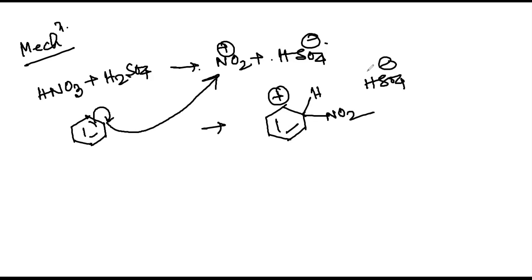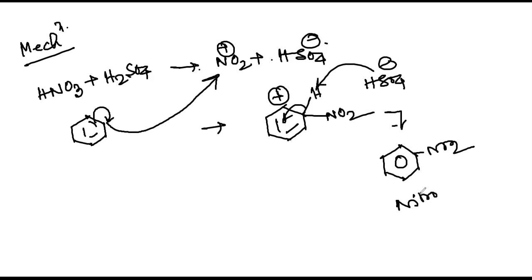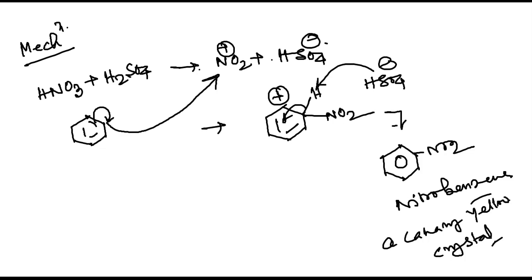HSO4 minus removes the H plus and the double bond is restored. So this is nitrobenzene, a canary yellow crystal formed due to the nitration. This is the nitration mechanism here.